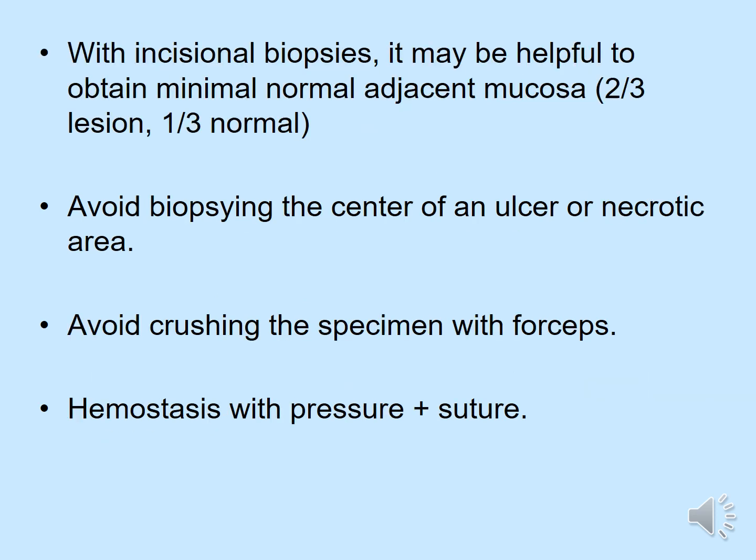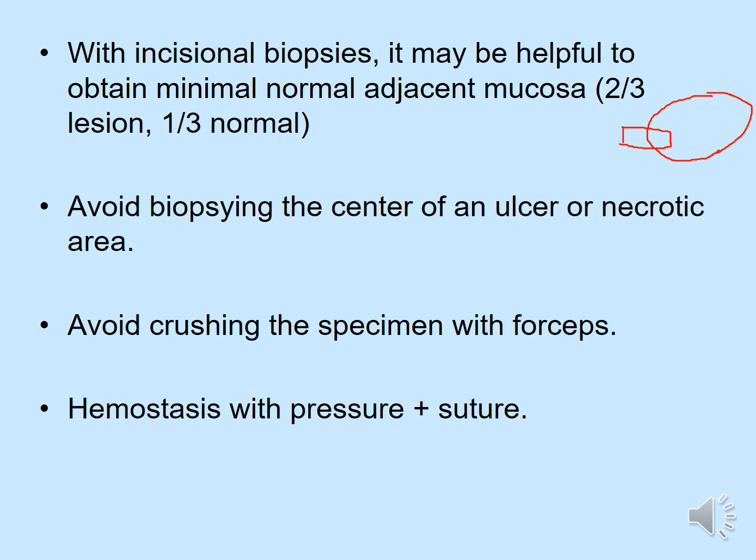Okay, with incisional biopsies, it may be helpful to obtain minimal normal adjacent mucosa, right? So as I had drawn in the previous slide, for a larger lesion, you would prefer to take normal plus lesional tissue for diagnosis.